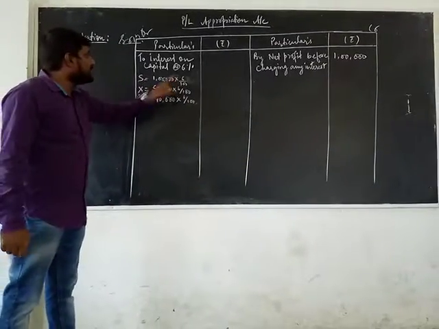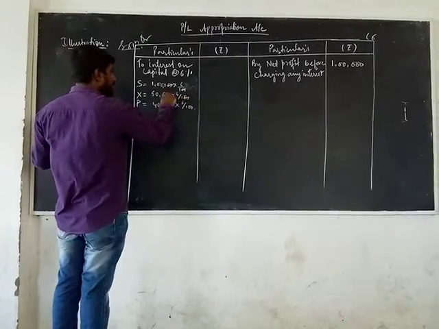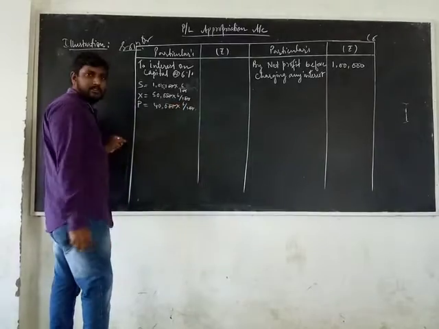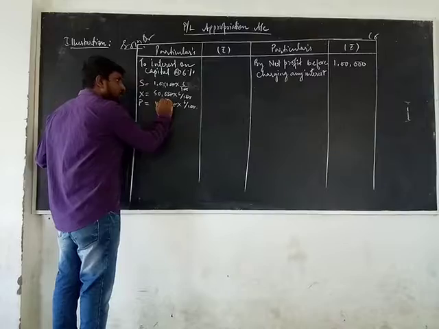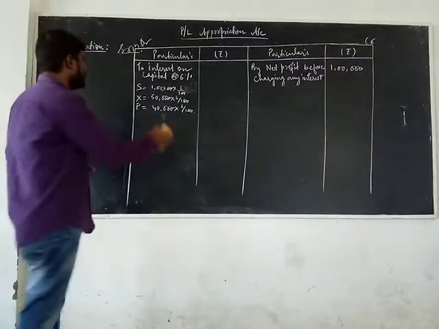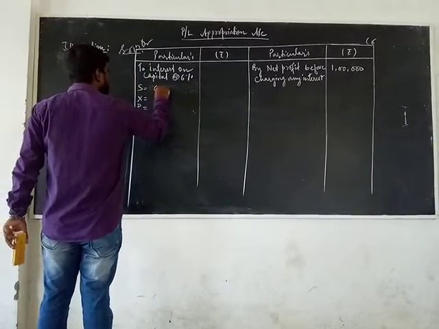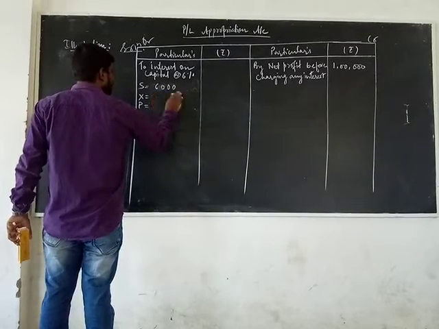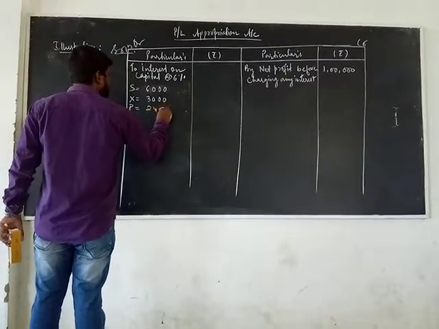So 1 lakh into 6% will be 6,000. Then 3,000. Then 2,400. How much? 6,000, then 3,000, then 2,400. I am writing the calculation here just to show you. So the first one will be 6,000, then 3,000, then 2,400.